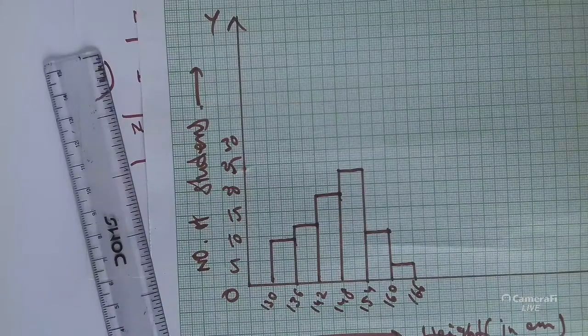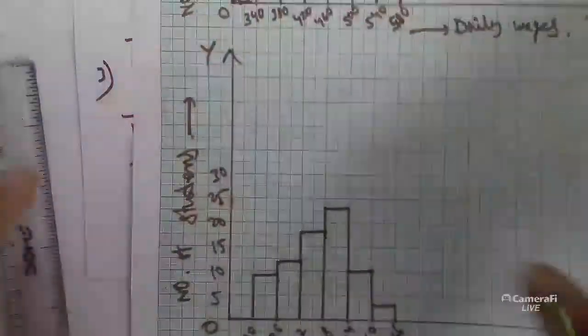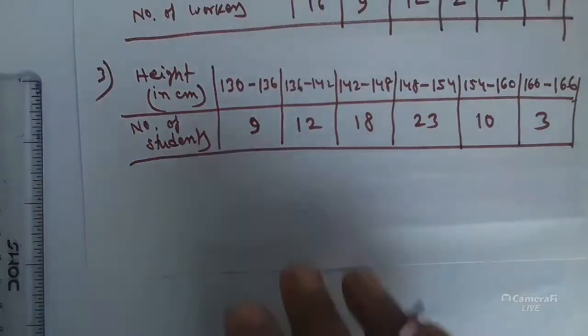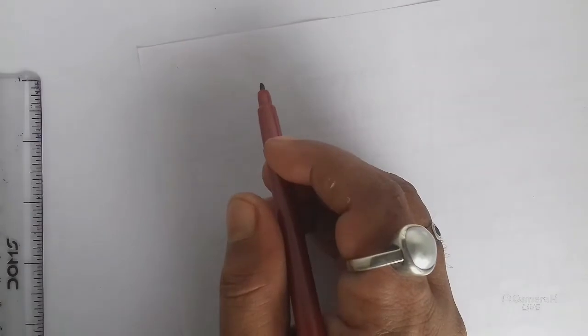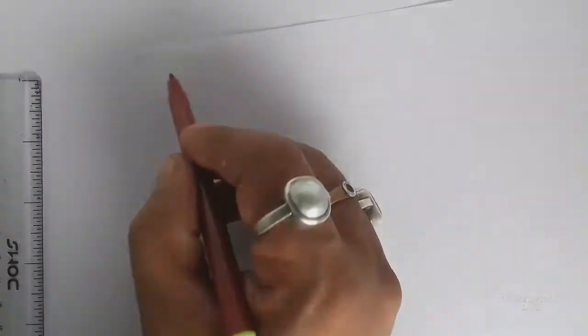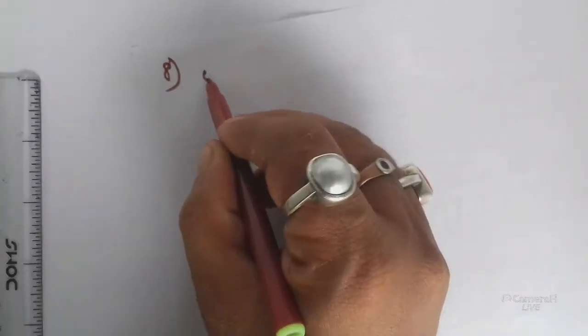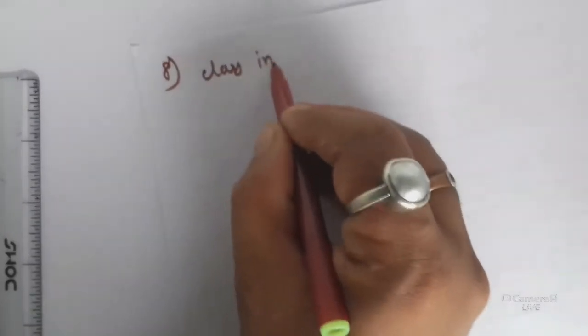Next problem is problem number 8. So here we have to do something, because in this problem, let me show the box first. So class interval.